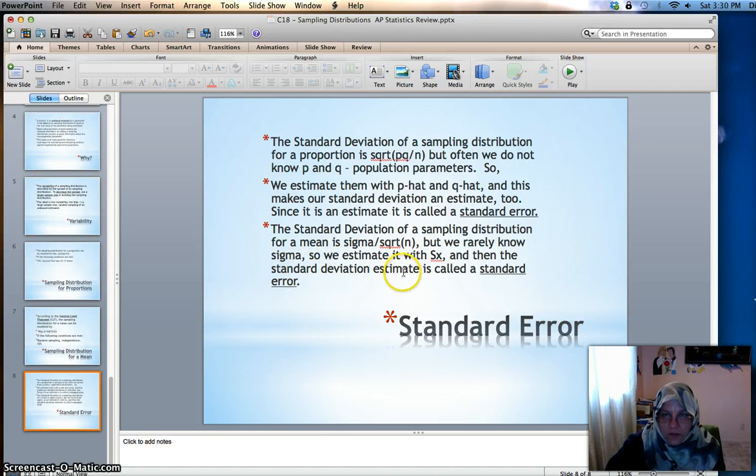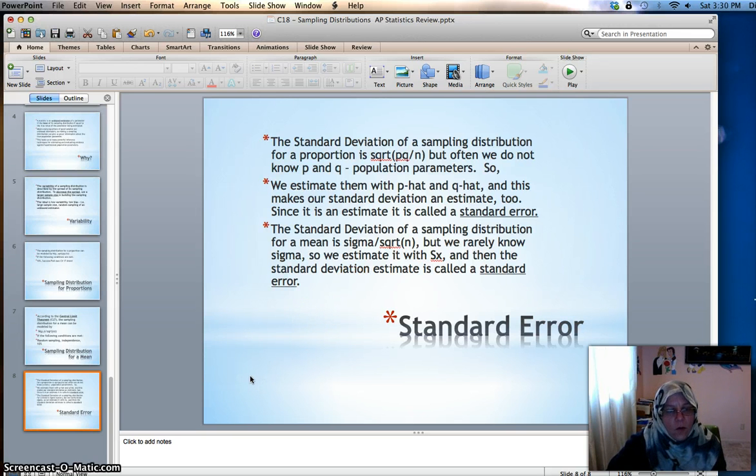So we usually estimate it with the sample standard deviation, S sub x. And that makes the standard deviation an estimate, and so it gets called a standard error. Okay, so when you see SE in formulas and stuff like that, it really just means the standard deviation using the values from your sample. And it's just an estimate of the real standard deviation that we just aren't able to calculate.